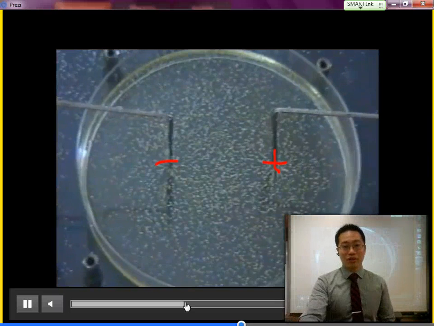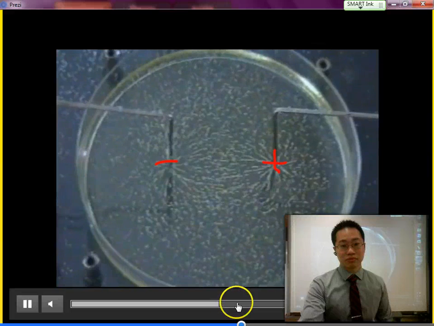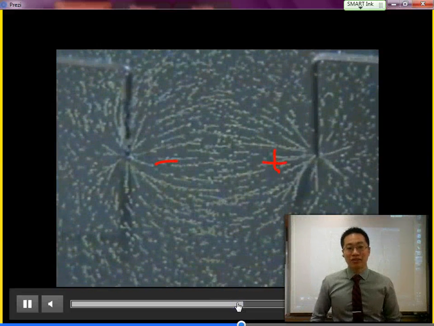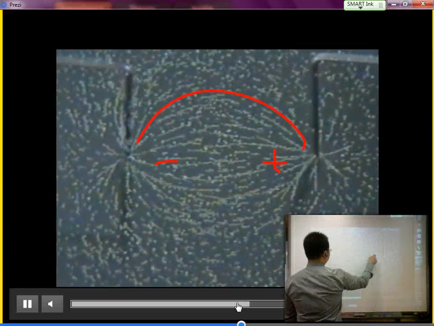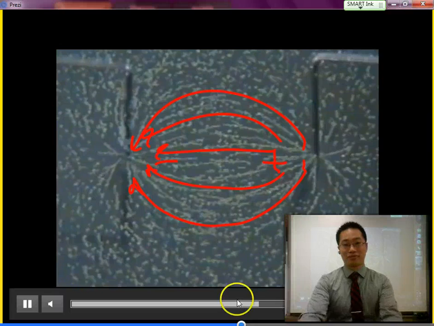And you can see when they turn up the voltage that the semolina seeds are actually aligning themselves along the electric field lines. You can see it's actually going out of positive and into negative.